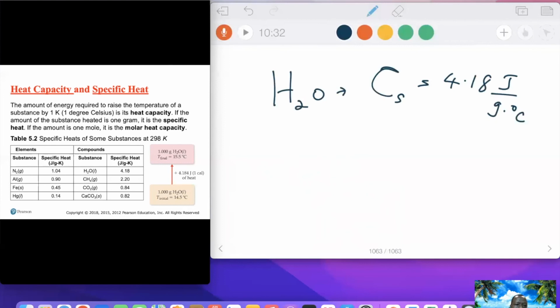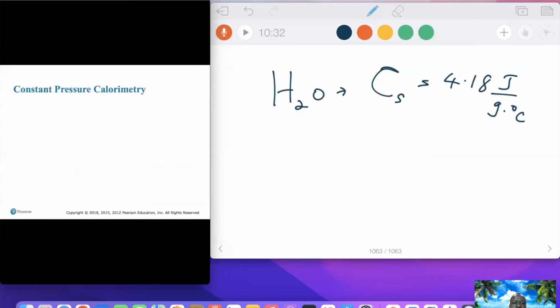I'm just gonna read that. You don't need to worry about memorizing this. I'll give you the specific heat of a substance if need be, but know how to use it. When doing the homework, you may need to flip through the text if it's not given in the calculation.